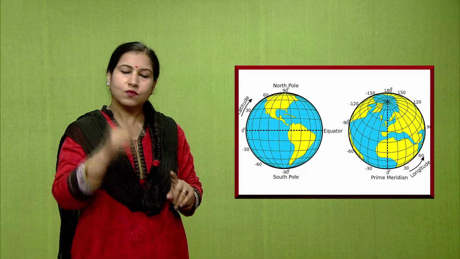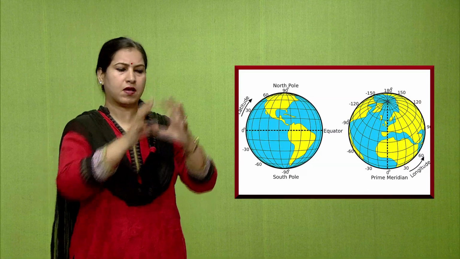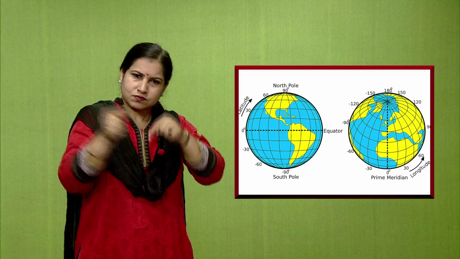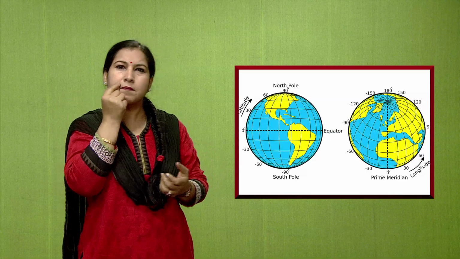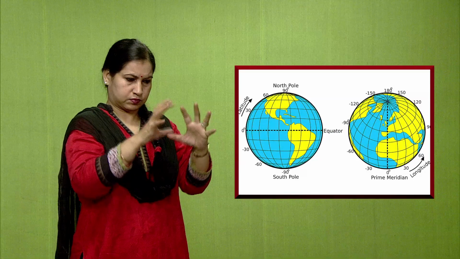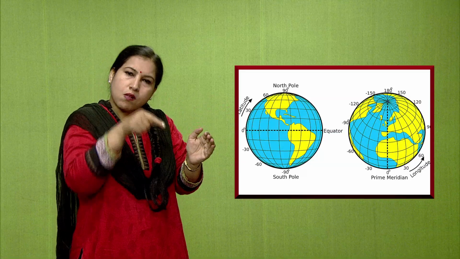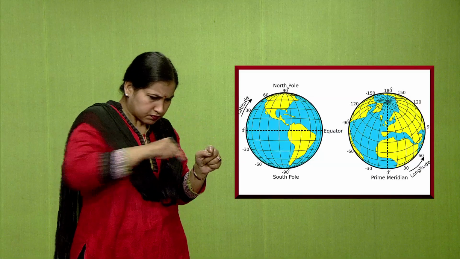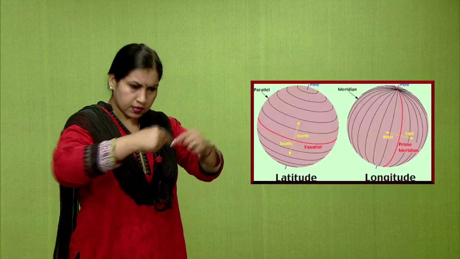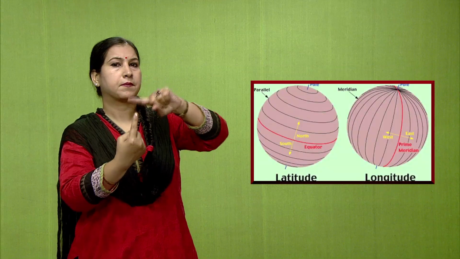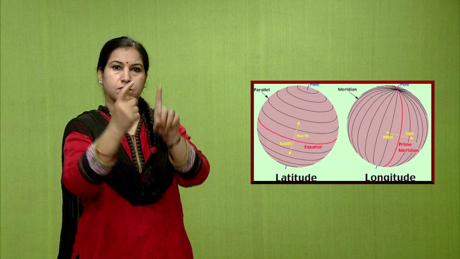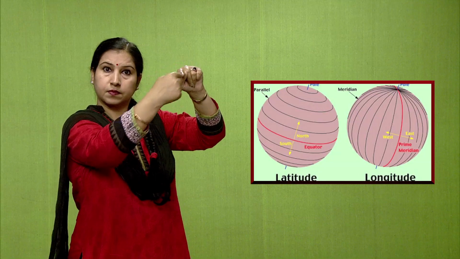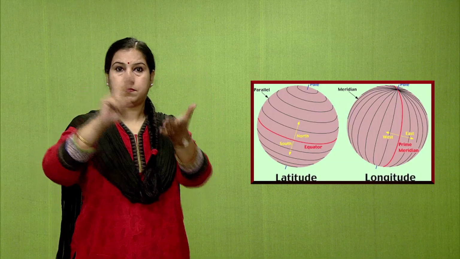Actually, these are imaginary lines drawn on the globe to know the exact location of a country or any place. The east to west lines are known as latitudes and the north to south lines are known as longitudes.